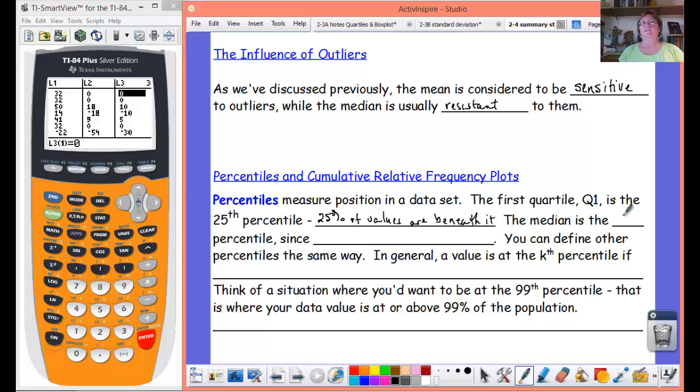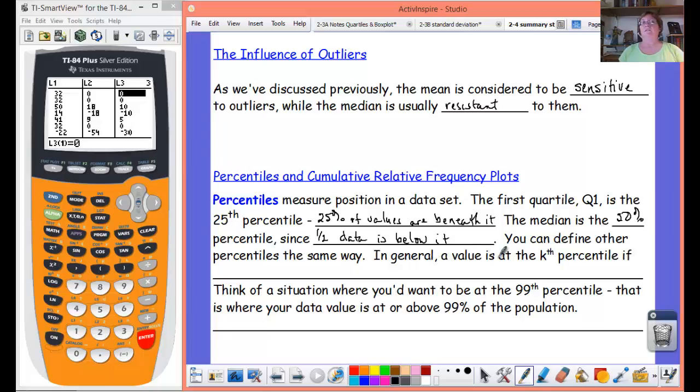The median is the 50th percentile, since half the data in a data set is underneath it. You can define other percentiles the very same way.